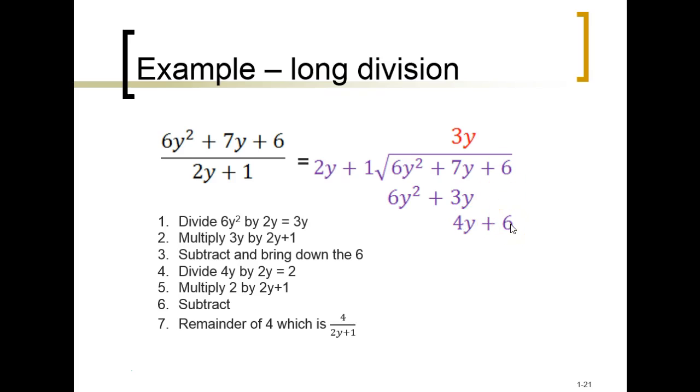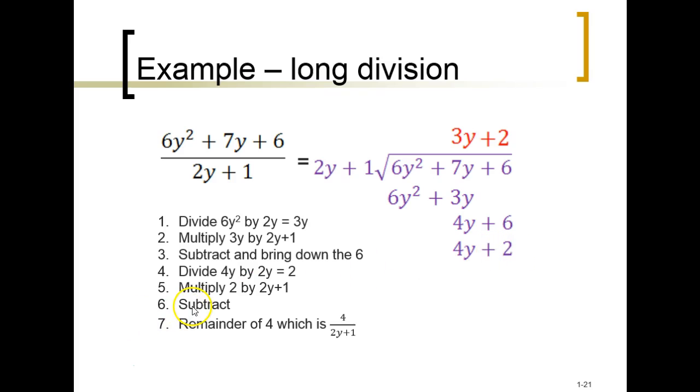And now we repeat the process, starting with the first term divided by the other first term. 4y divided by 2y. And that goes here. It's a positive 2. 2 times 2y and 2 times 1.